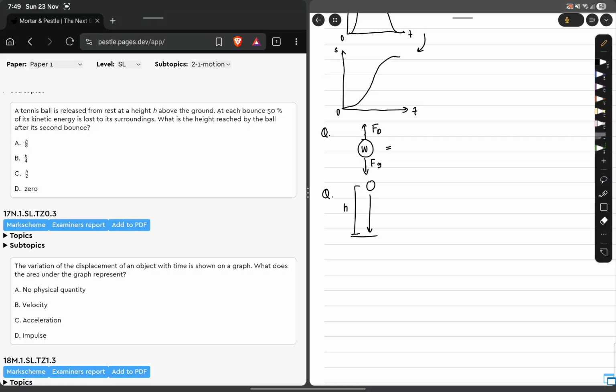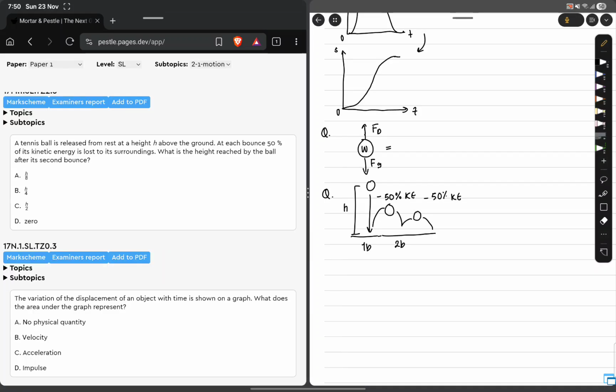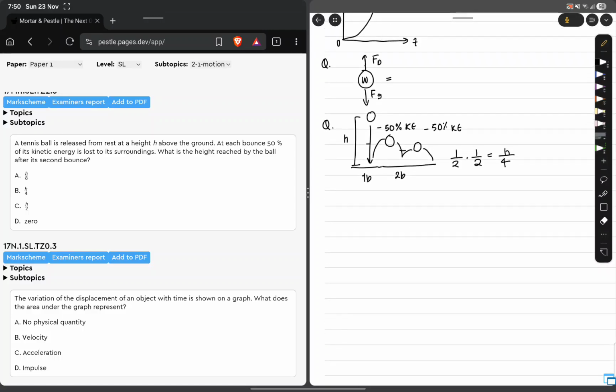At each bounce, 50% of its kinetic energy is lost, which means it's going half of its original height. After the first bounce, the height's going to be half. At the second bounce, it's going to be half of half, and half of half is a fourth. So it's h over 4, aka it's B.